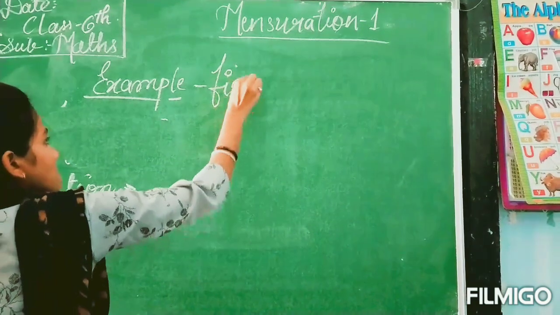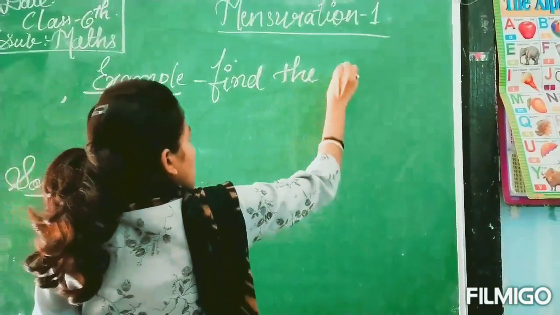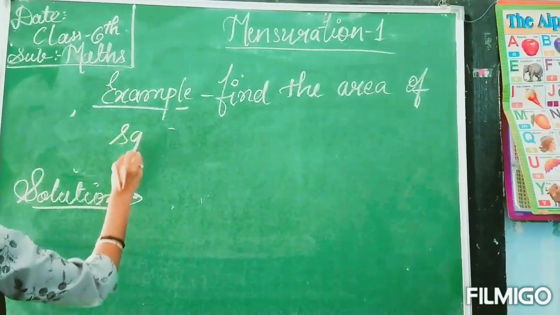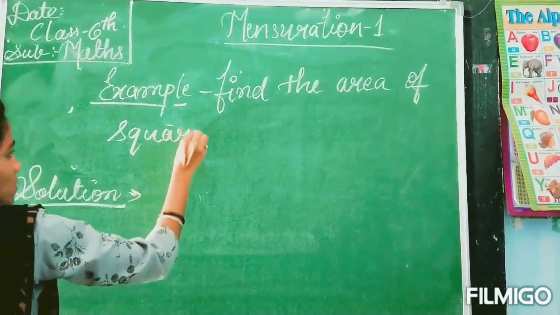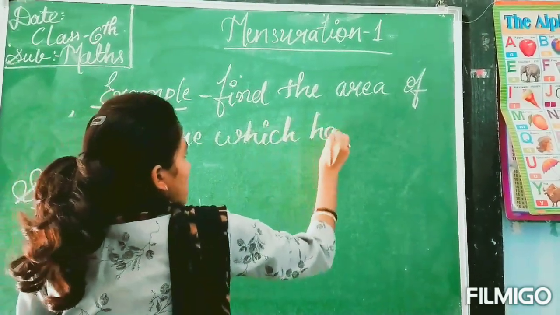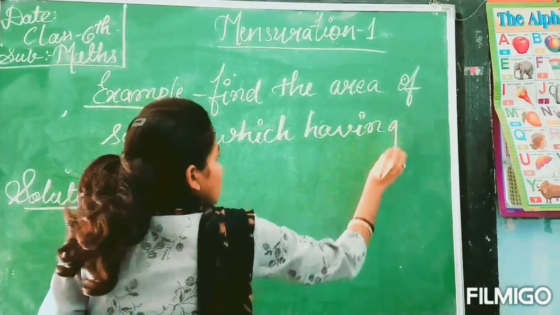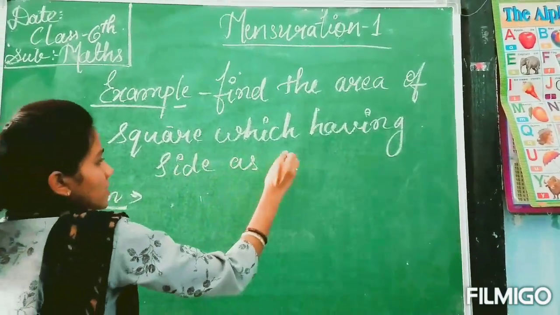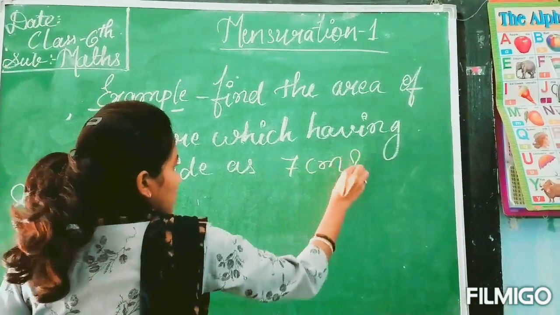Find the area of square which is having side as 7 centimeter.